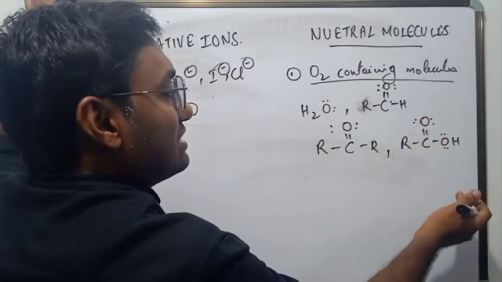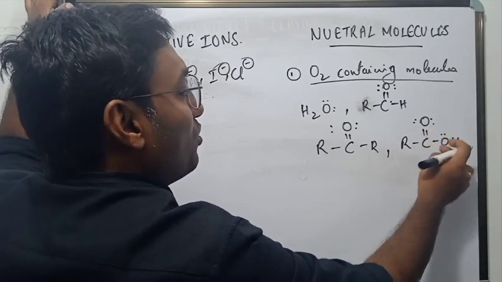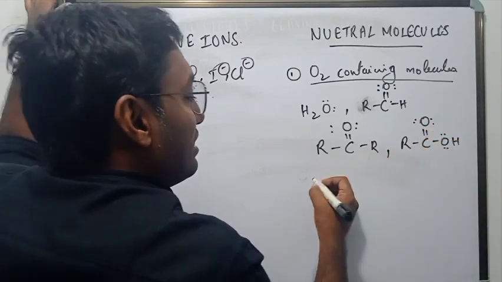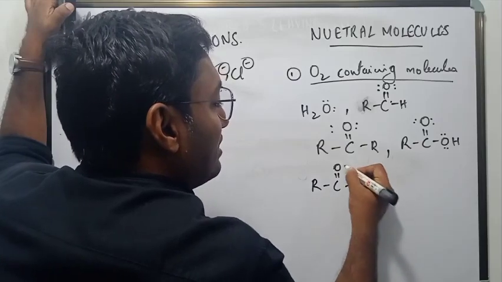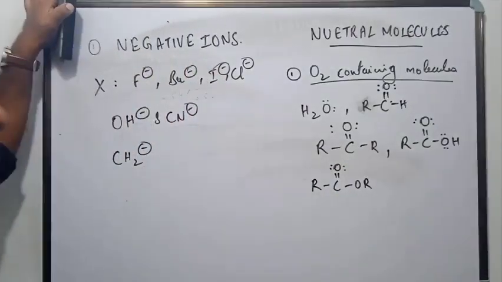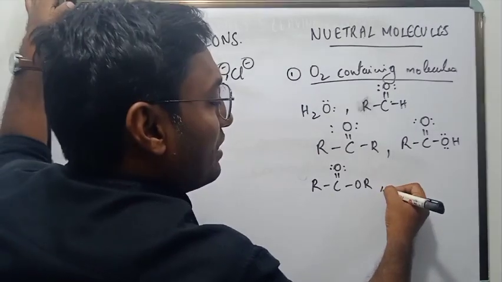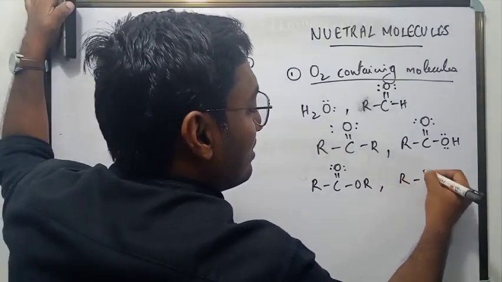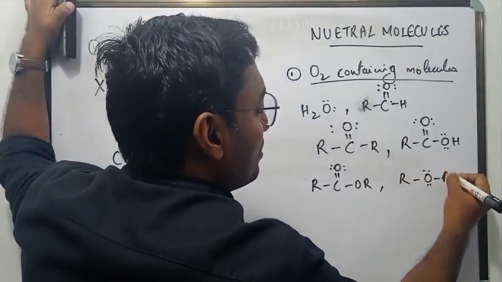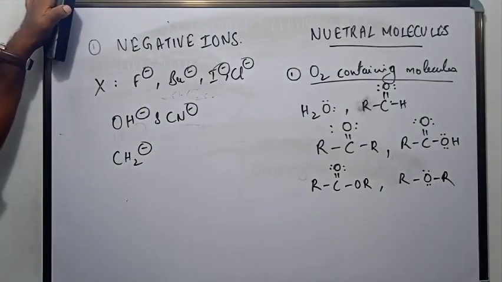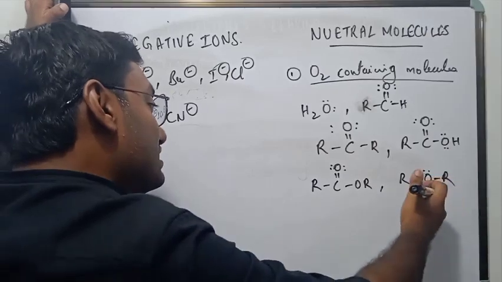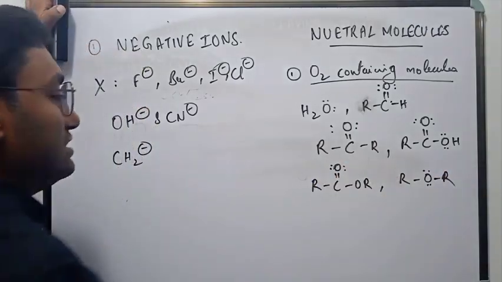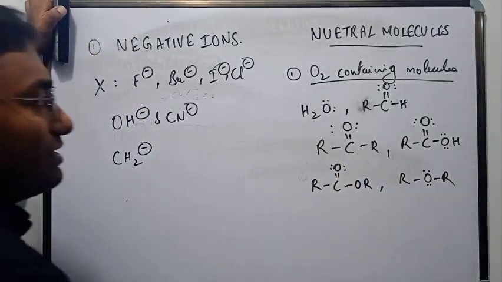Even esters, right? They can donate a pair of electrons. And what about ethers? Yes, ethers also, all of them are nucleophiles because they have a pair of electrons which can attract them to the nucleus of another atom, correct?